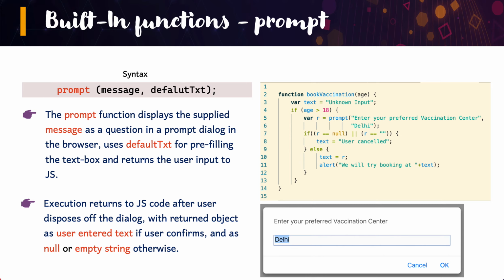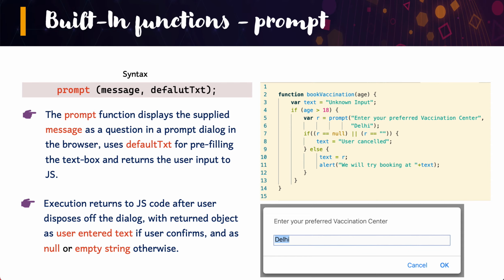Once user changes this, or does not change it, and clicks OK, the returned value is captured in the variable R. If R is either null or an empty string, it means that user cancelled it. User clicked on cancel. Otherwise, the user entered string is captured as part of R. So we will basically say in line number 11 that we are trying to book in the desired vaccination center.